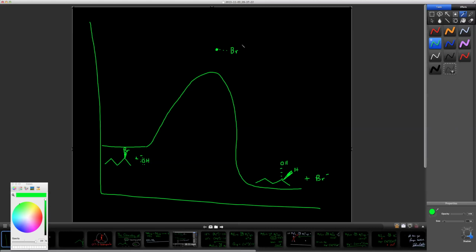The bromine is beginning to leave, so that will have a partial negative charge. Notice from the Hammond postulate that the transition state is closer in energy to the reactants, which means that the carbon-Br bond is more bond-like than the carbon-OH bond that's being formed.